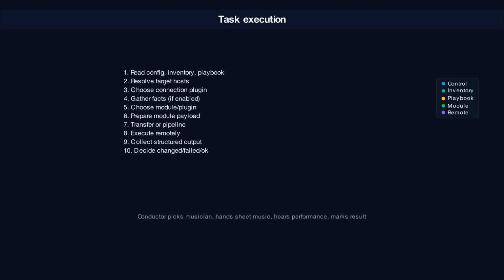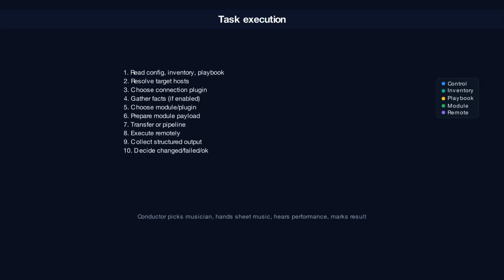Prepare the module payload. 7. Transfer or pipeline it. 8. Execute it remotely. 9. Collect structured output. 10. Decide changed, failed, or OK, and continue. It's like the conductor picking the musician, handing over the sheet music, hearing the performance, and marking the result.